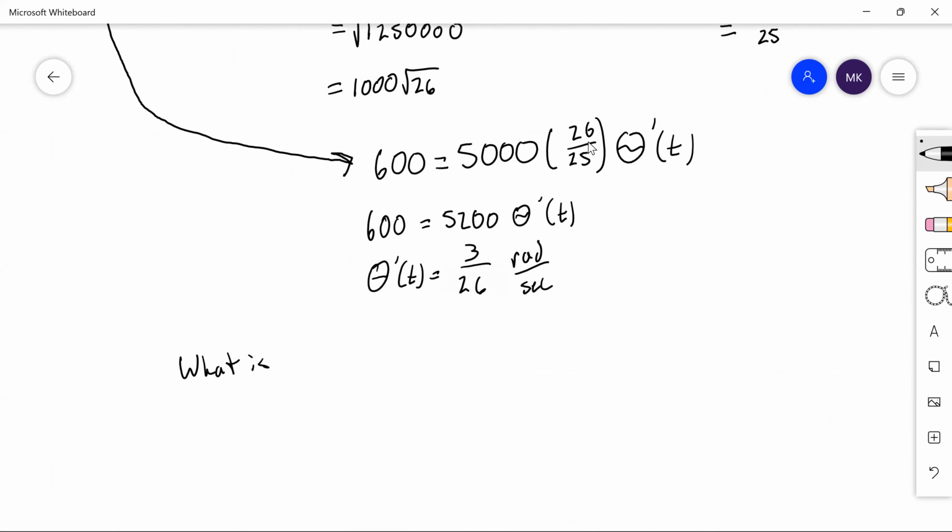What is the derivative of the inverse tangent of theta? It's 1 over 1 plus theta squared.